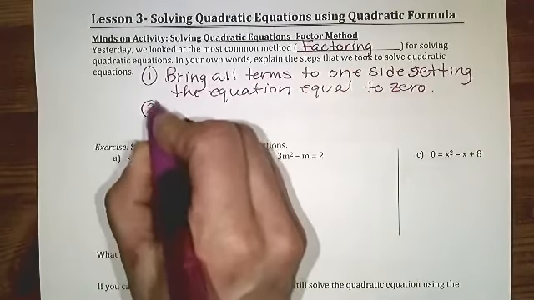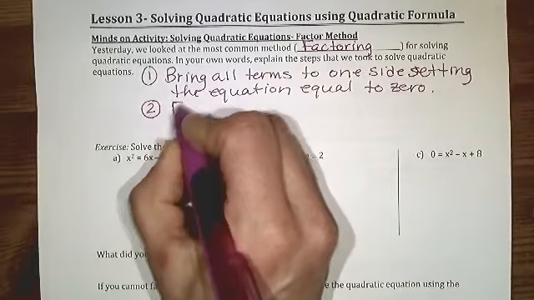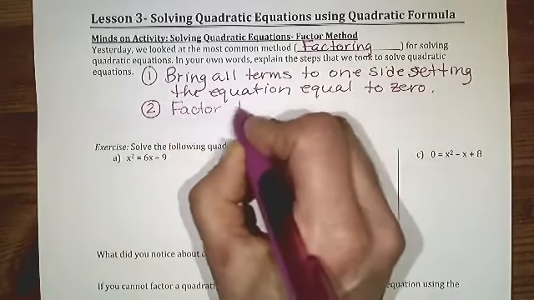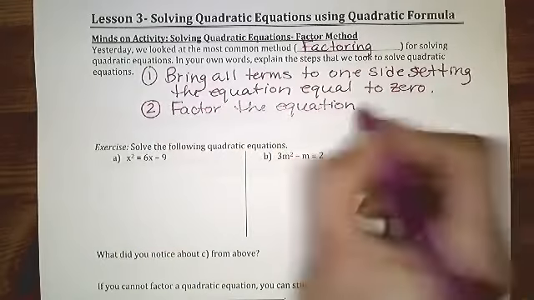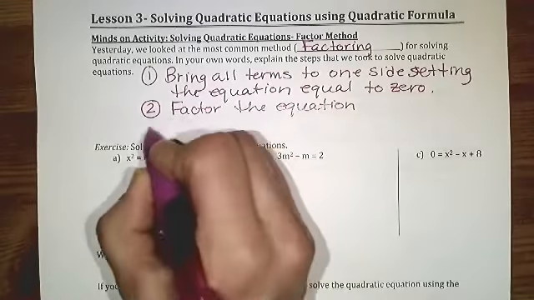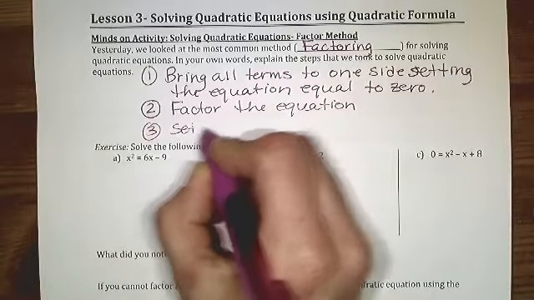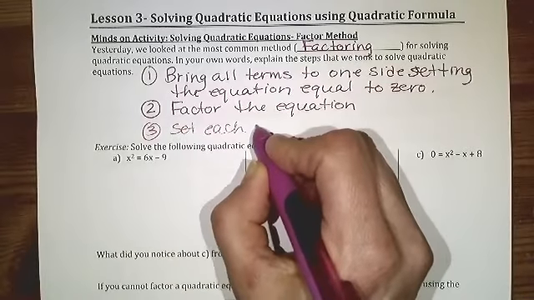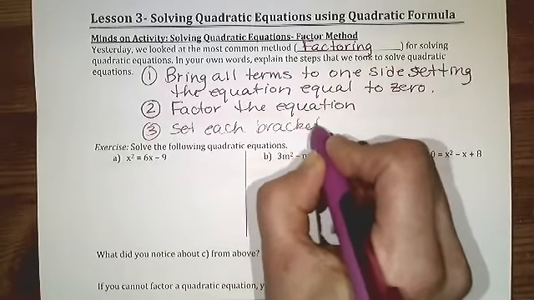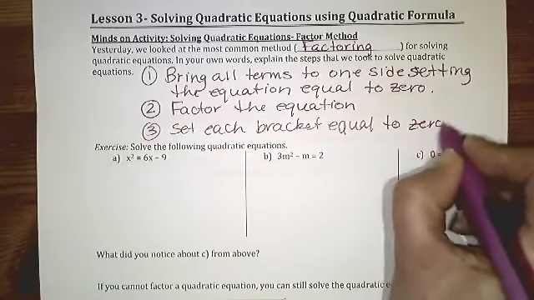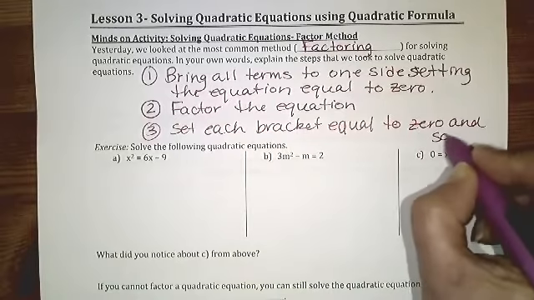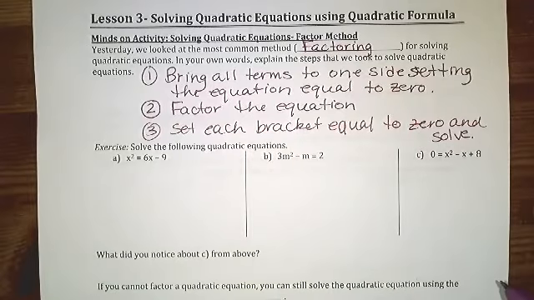Number 2, once we have all the terms on one side, we need to factor the equation. 3, we're going to set each bracket equal to 0 and solve. Remember, when we're solving a quadratic equation, we're just looking for the zeros, which are our x-intercepts when we solve.